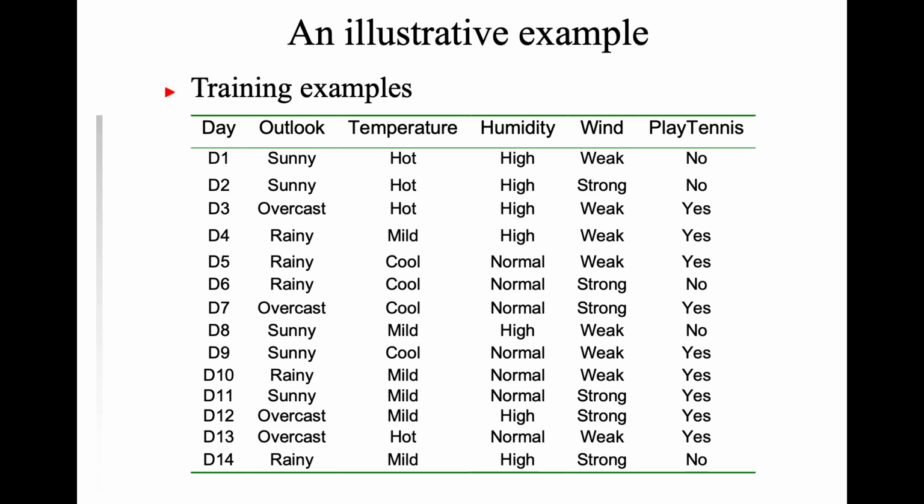Now, when we have that data and we want to design a decision tree, the first problem is which one should be the root node, right? In order to find that, for each of these candidate attributes, we calculate the information gain. And to calculate information gain, we need to calculate the entropy.